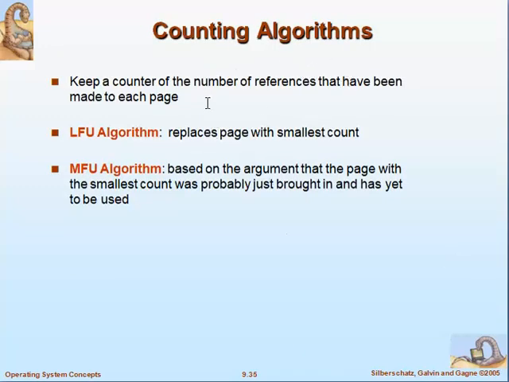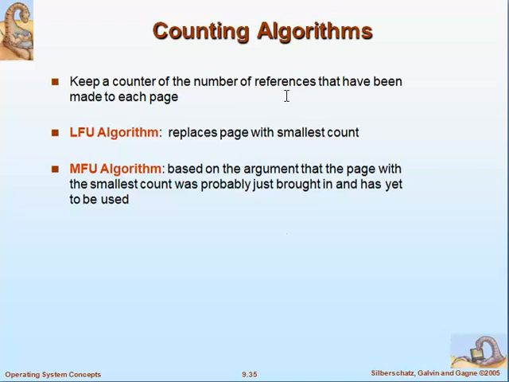Counting algorithm. In this algorithm, what we are going to do is keep a counter of the number of references that have been made to each page. So we will have a counter which counts how many times a particular page has been referenced.